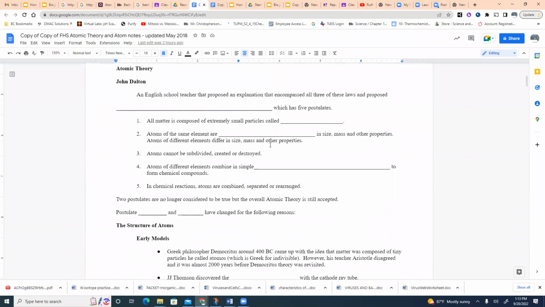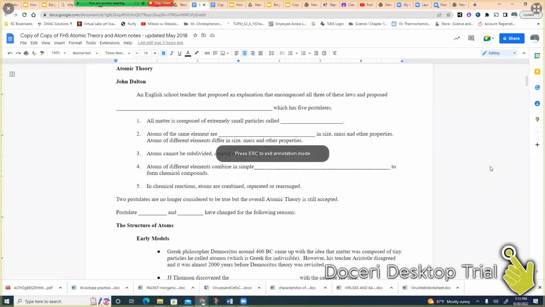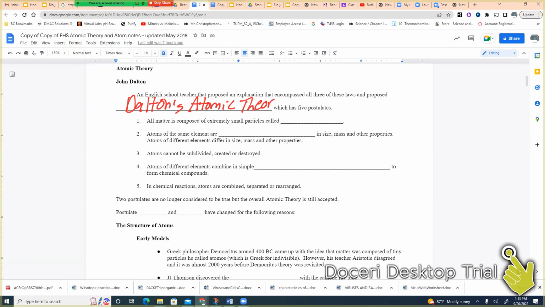So John Dalton came up with Dalton's atomic theory, if you remember from the last couple of days. And this was back in the early 1900s, and it had 5 parts or 5 postulates. The first one is all matter is composed of extremely small particles called atoms.